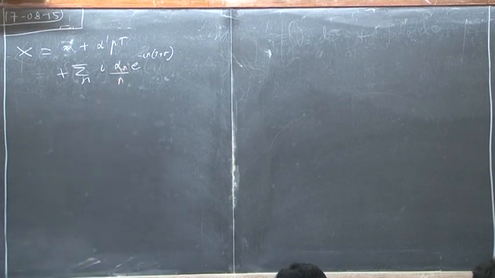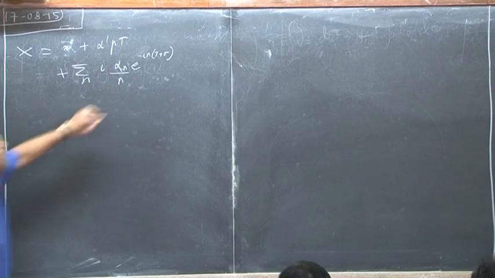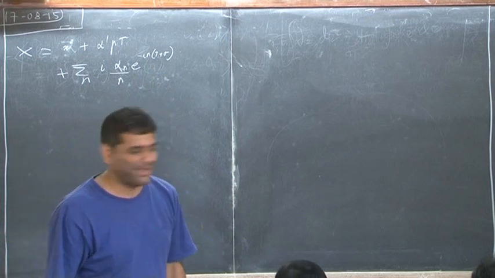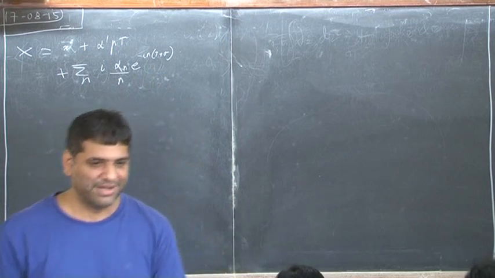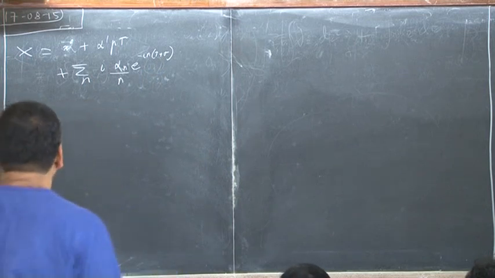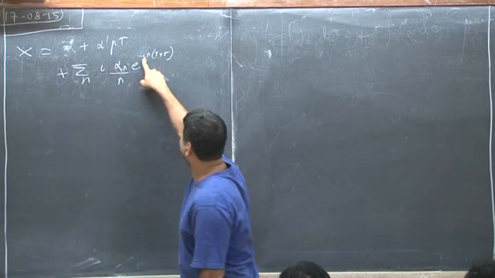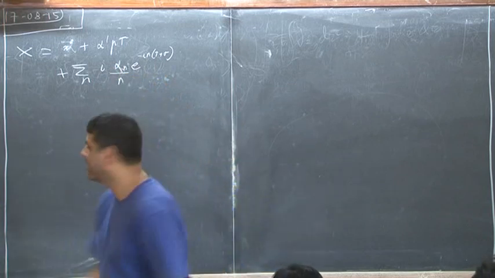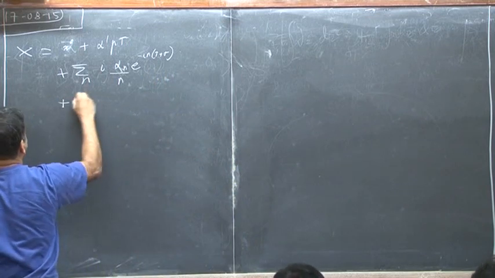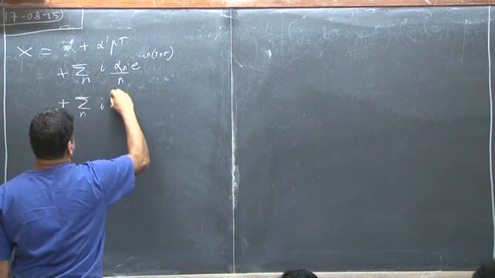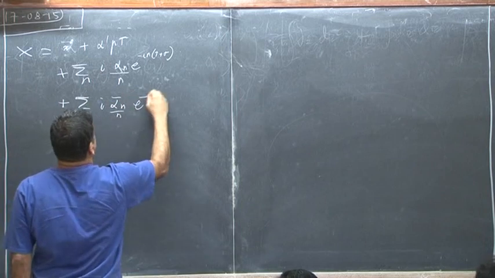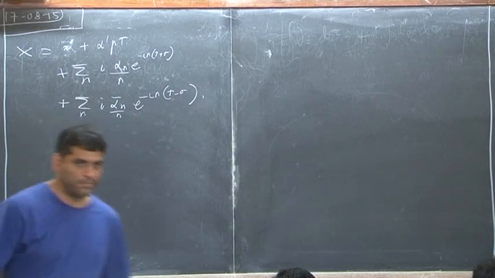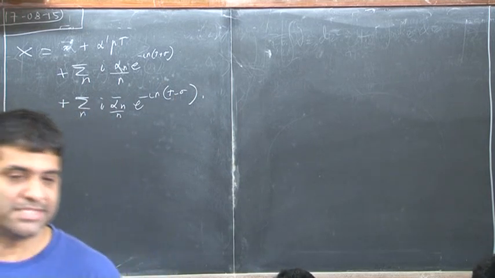Maybe I got the plus sigma and minus sigma the wrong way around. The only relevant thing is that alpha bar has the opposite sign when this one is plus. Plus similarly a sum of i alpha bar n over n, e to the power i n tau minus sigma. So we have this Lorentzian expansion.